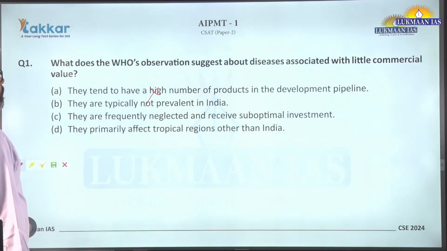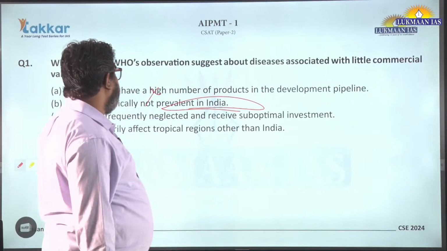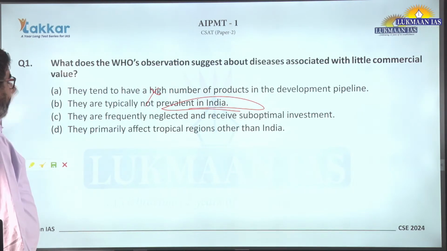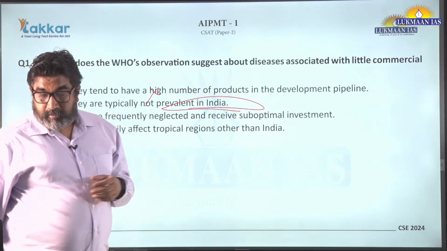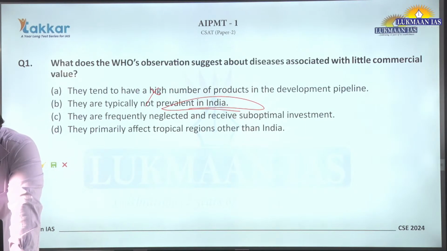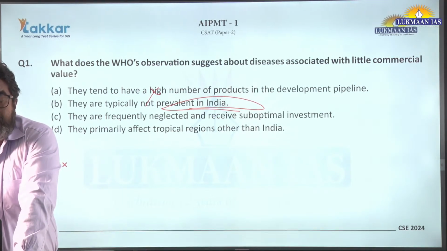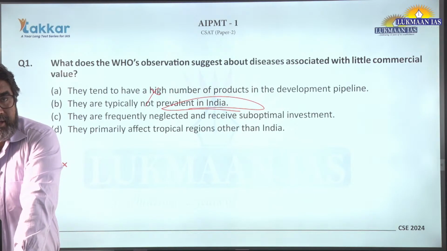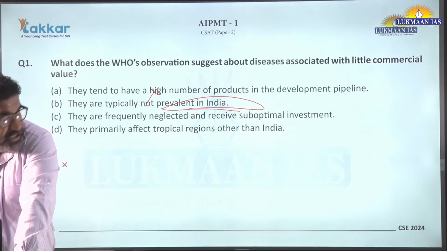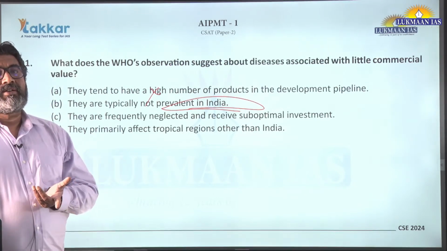Now, they are typically not prevalent in India. Again, a very straightforward outcome, so this part is wrong. They are frequently neglected and receive suboptimal investment. Yes, this is right, because in the passage it is written that diseases have remained neglected and have suboptimal investment, so it is directly supported by option C. The fourth statement, that they primarily affect tropical regions other than India, has no basis.